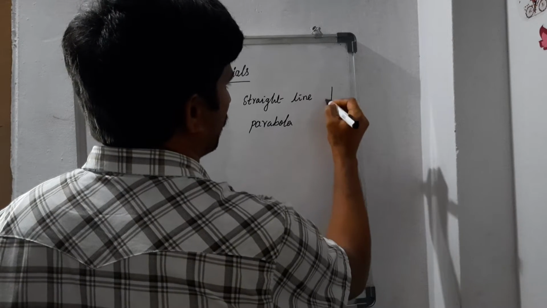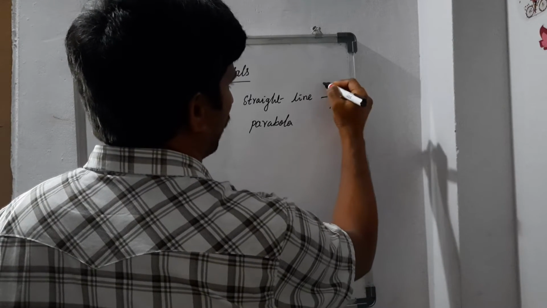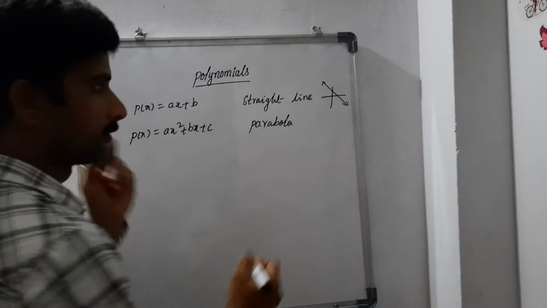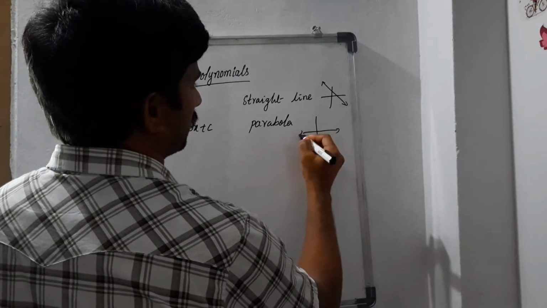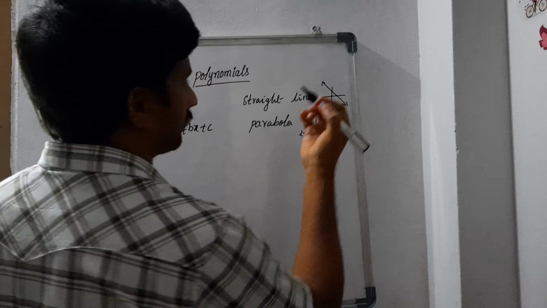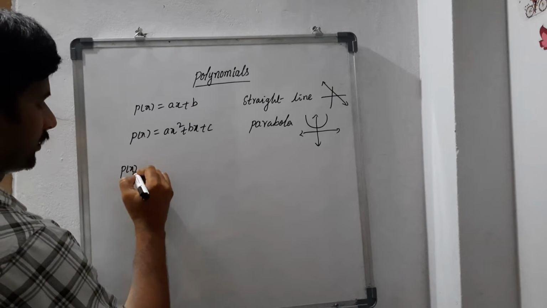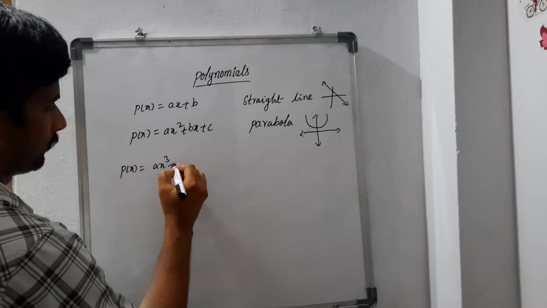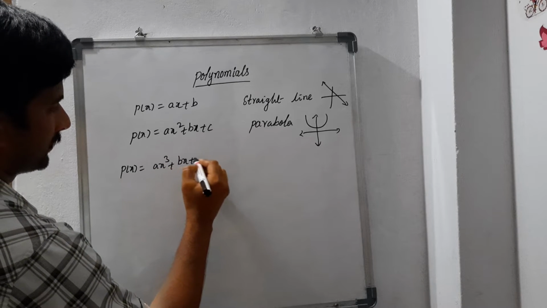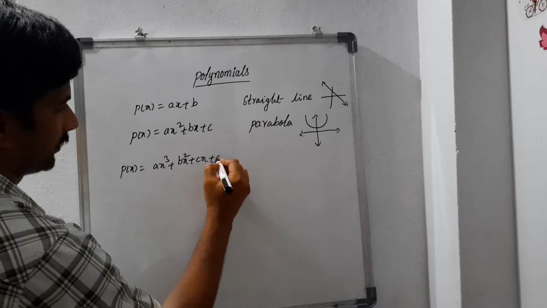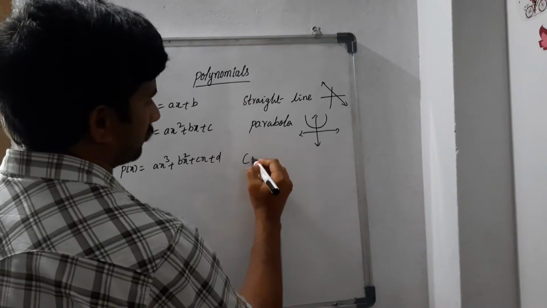The shape depends upon the values in the given equation. And p of x is equal to ax cube plus bx square plus cx plus d represents a curve.